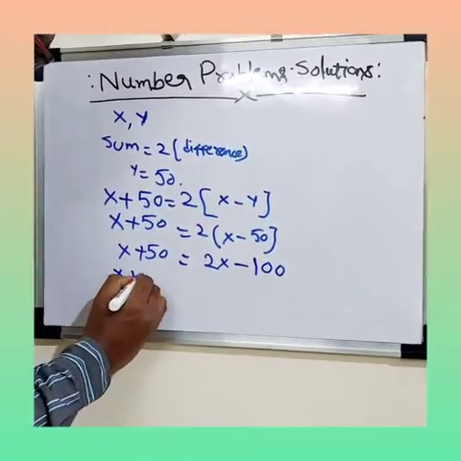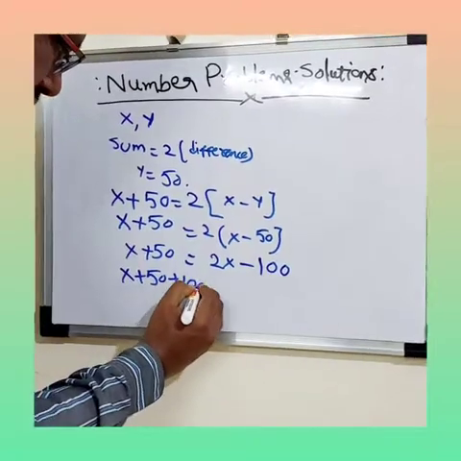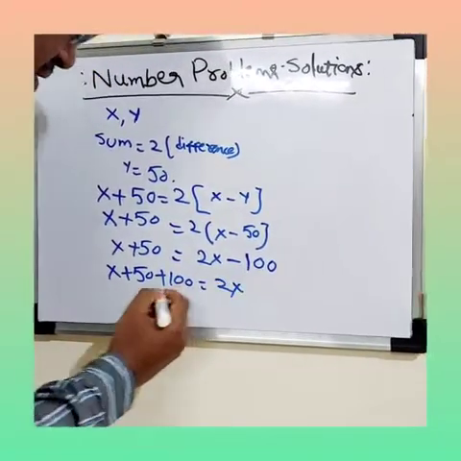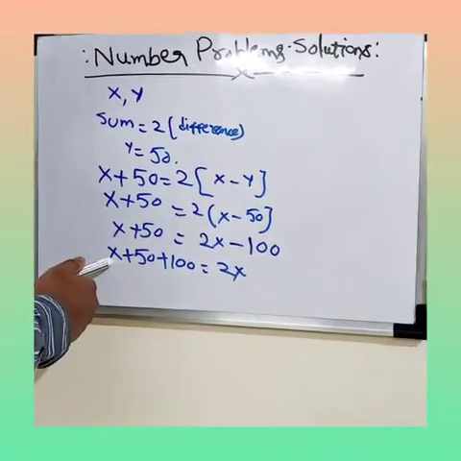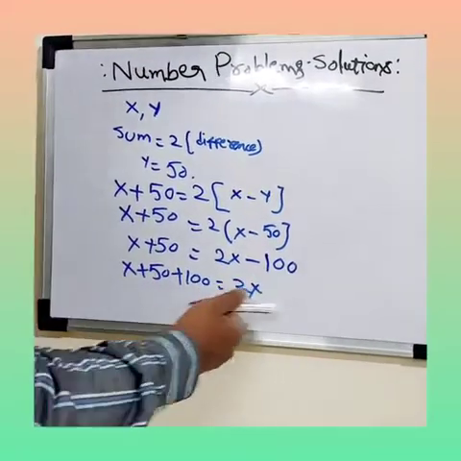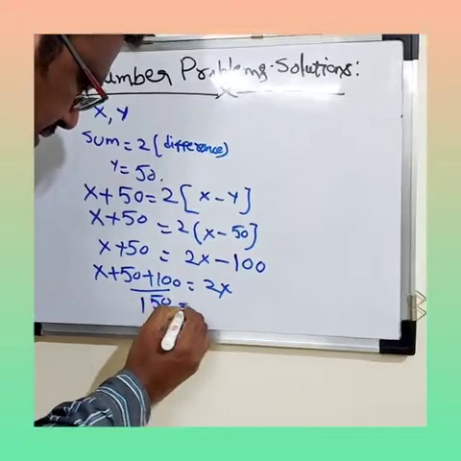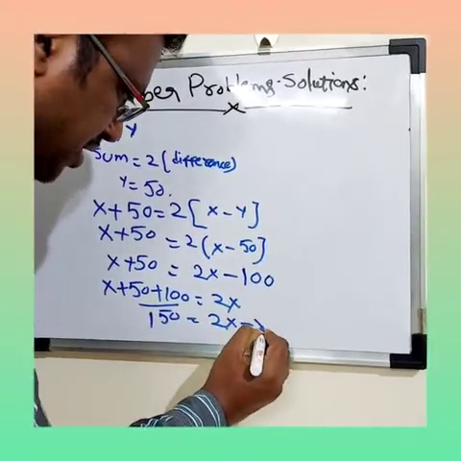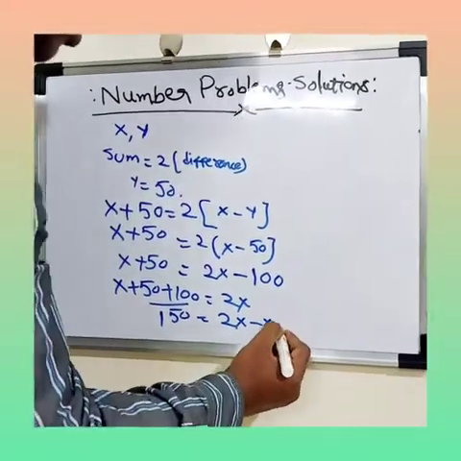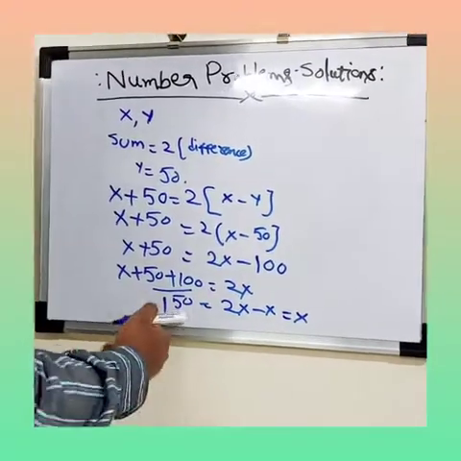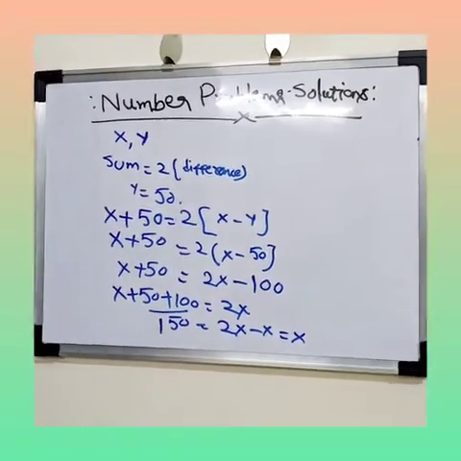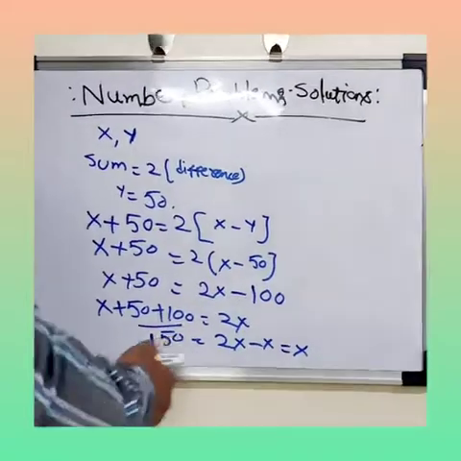So x plus 50 plus 100 is equal to 2x. When x is on this side with a plus value and goes to the other side, it will be minus. So 50 plus 100, that is 150, is equal to 2x minus x. 2x minus x is x. So the value of x is 150. We got the x value as 150.